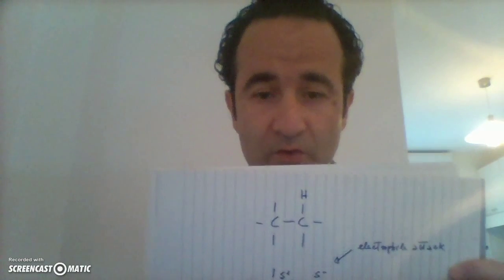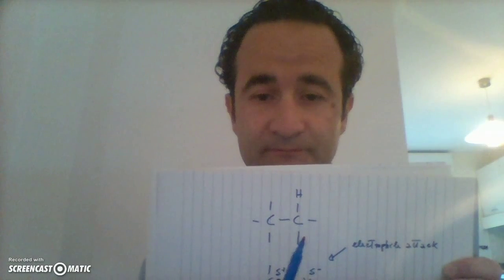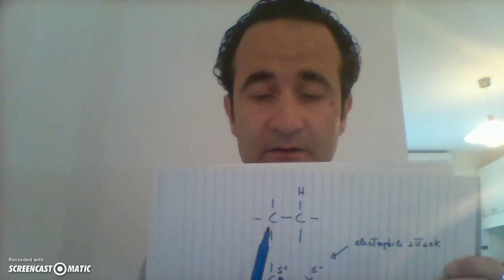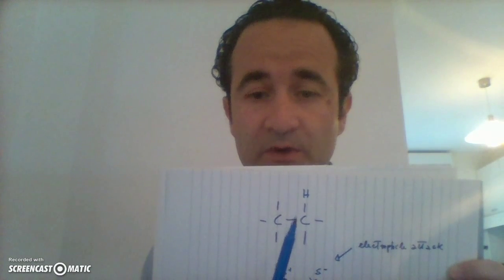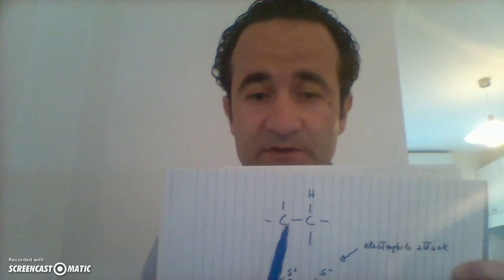Now let's talk a little bit about the reactivity of alkane compounds. As we have seen, alkane compounds are composed of single covalent bonds between carbon-carbon and carbon-hydrogen atoms.